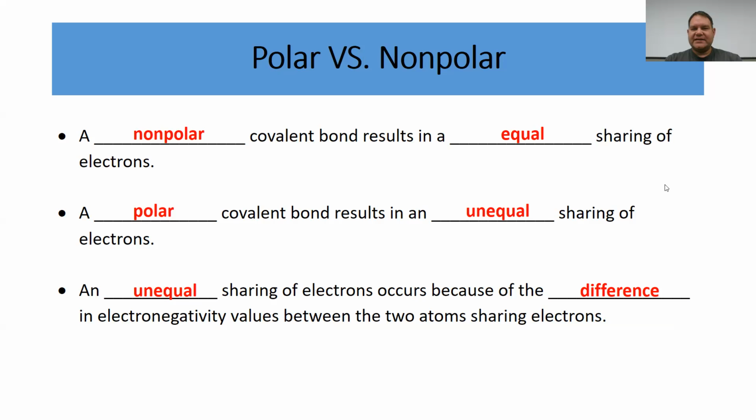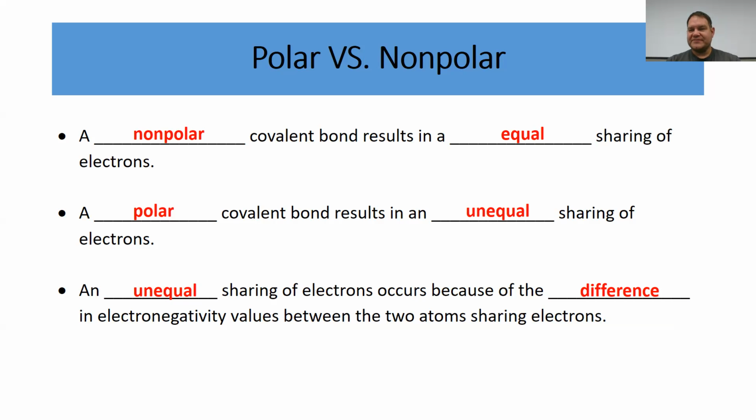All right, so let's get into the results of electronegativity differences. First of all, if you have a covalent bond and electrons in that covalent bond are being shared equally between the two atoms, then we're going to have a non-polar covalent bond. That's only going to result if the electronegativity differences between the two atoms are essentially zero.